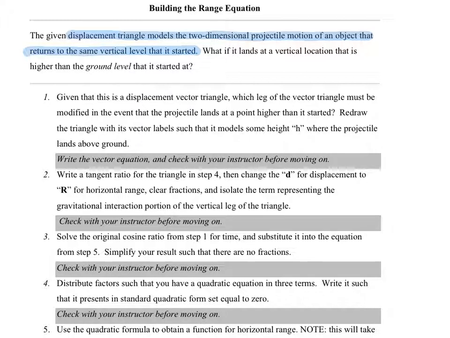All right. So let's try to get at this here. And so what I want to try to do is get you to do this right here. So you're going to redraw the triangle with its vector labels such that it models some height h where the projectile lands above ground.